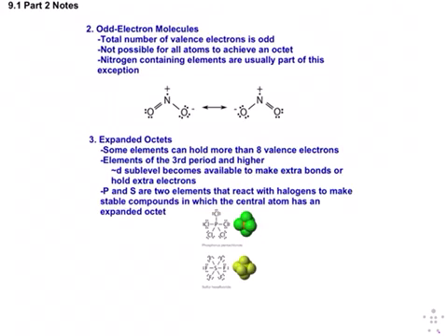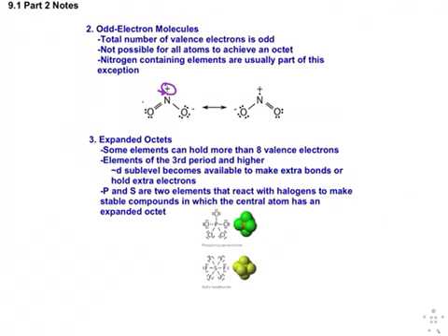So anytime you're drawing a structure for nitrogen, you need to double check if there are enough electrons. Nitrogen doesn't have all 8 of them, and that's okay. It generally will just have 7. We indicate that by showing the 1 electron and then putting a plus sign above it.